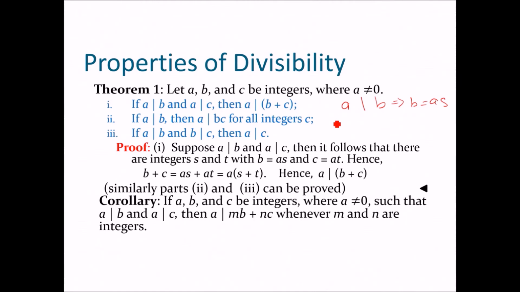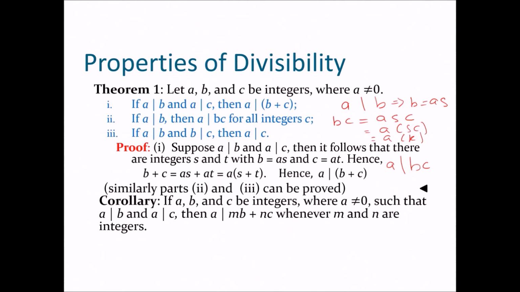So bc is equal to asc, which can be written as a into sc, and this can be written as a into k, where k is equal to sc. Since s and c are both integers, k is also an integer, and this implies bc is equal to a multiplied by some integer. So by the definition of divisibility, this implies a divides bc. Similarly, you can prove part 3 yourself.